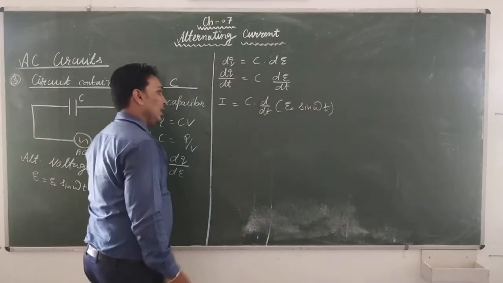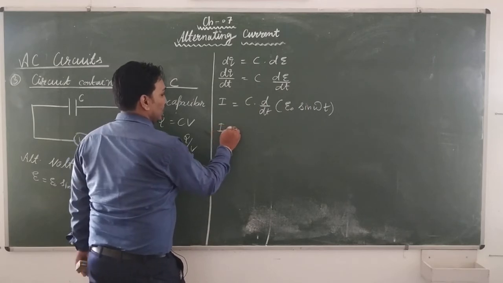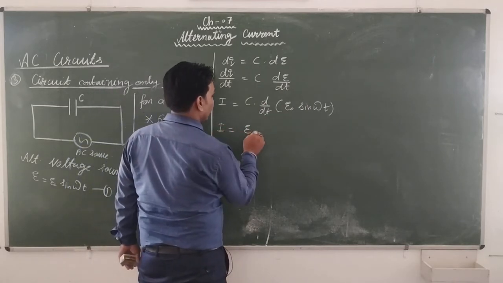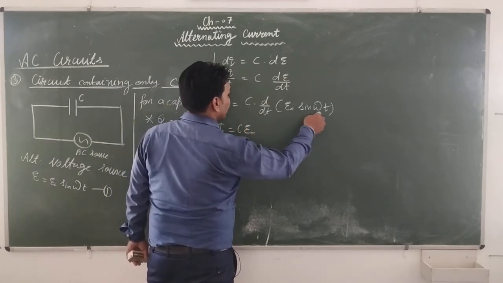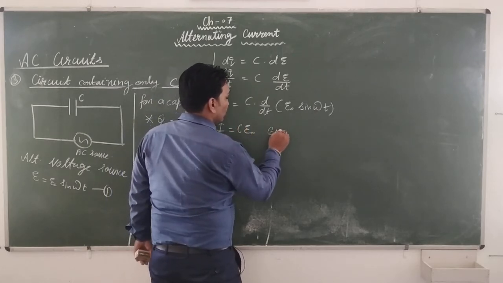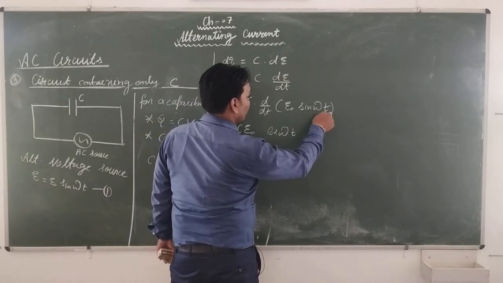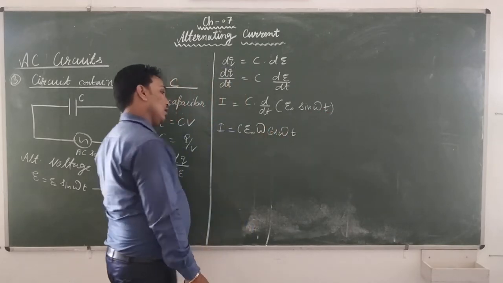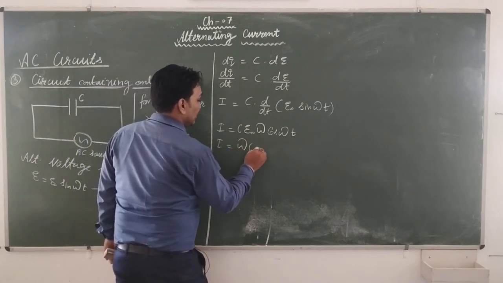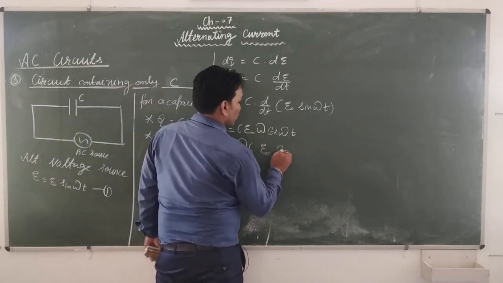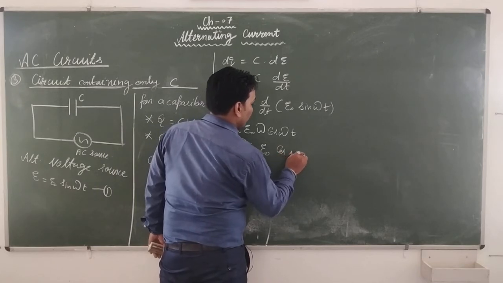So I is equal to, with E naught outside the differentiation, C into the differentiation of sin omega t, which is cos omega t, and the differentiation of omega t is again omega. So what we get is I is equal to omega C into E naught cos omega t.